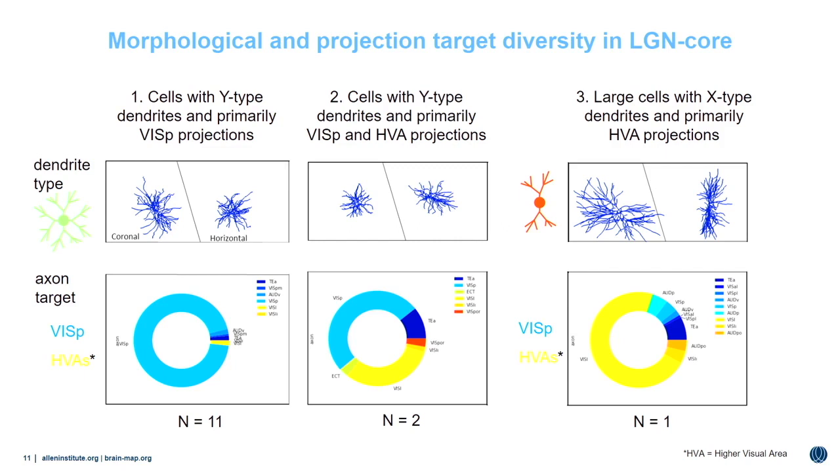And then if we look at their projection targets, they're mainly in primary visual cortex, or VIS-P, but we do have a couple of neurons that have this Y-type morphology that also send axons to the higher visual areas, in this case VIS-L, and then we have one example of an X-type neuron based on the dendritic morphology that's much larger in comparison to the Y-type cells, and that primarily goes to these higher order visual areas.